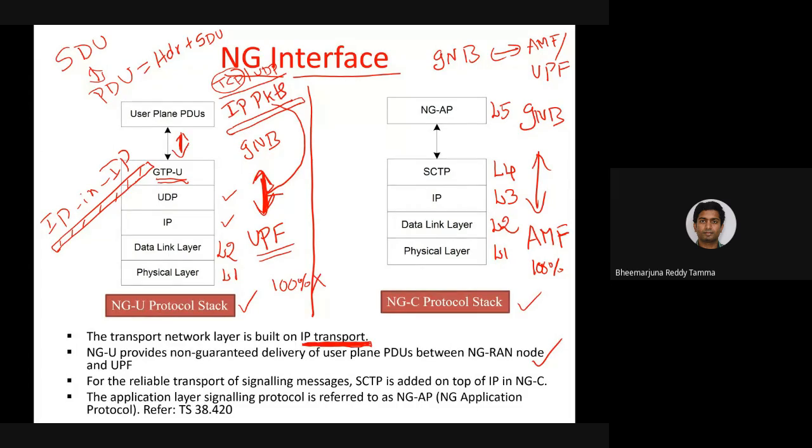So can somebody recall and tell me what kind of stack I was employing in the previous class? What do you think the protocol stack will be when these 5G core control plane functions want to communicate with each other? How do you think the stack will look like there?